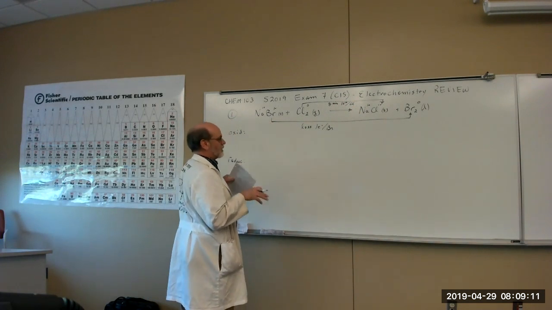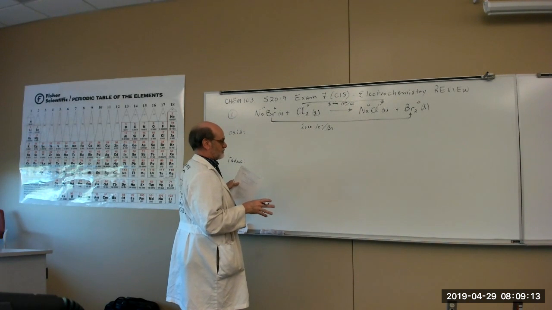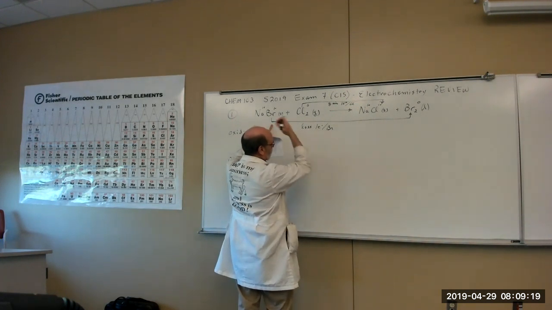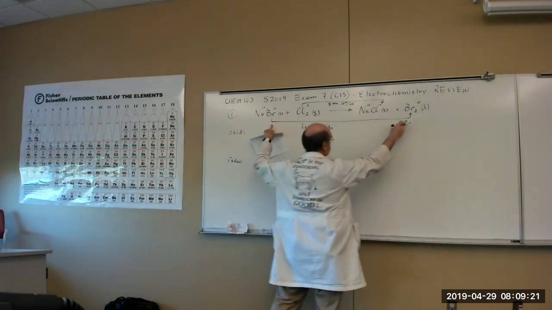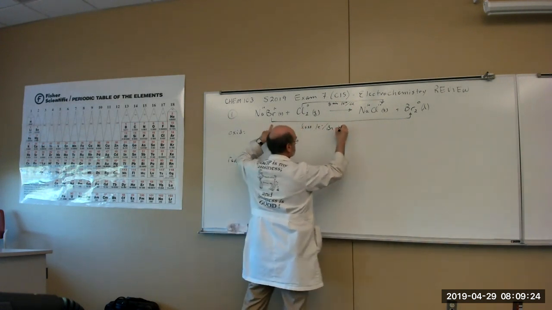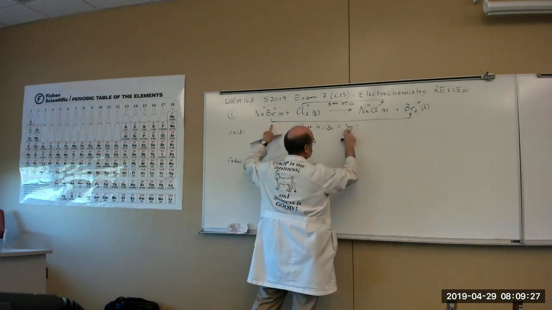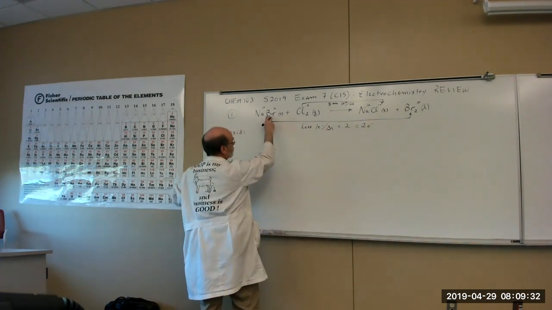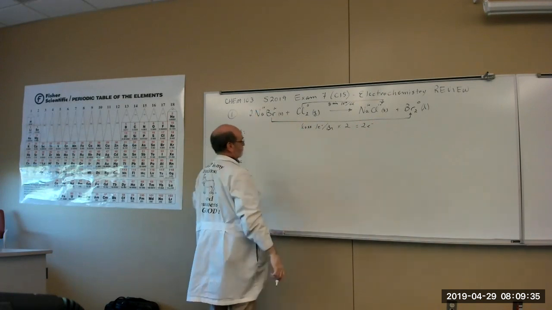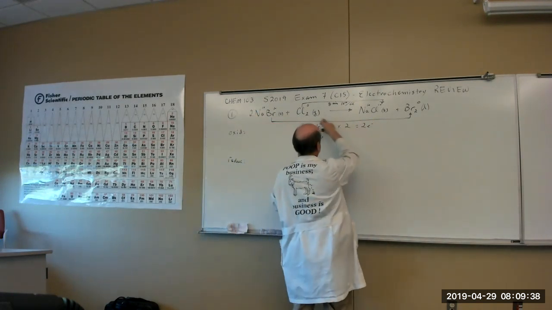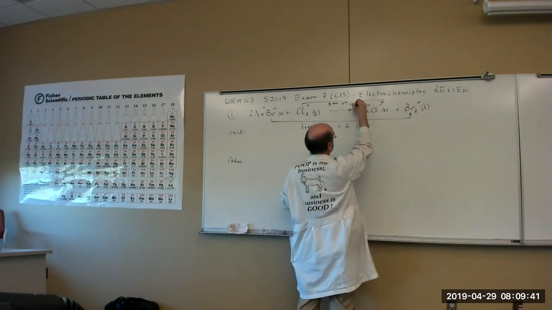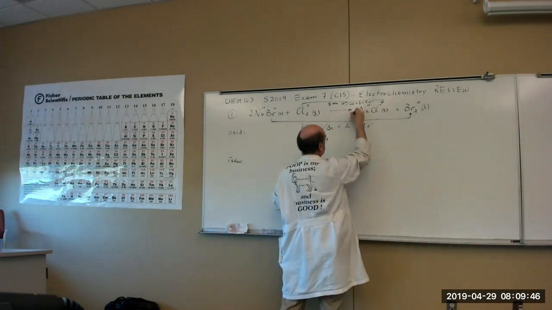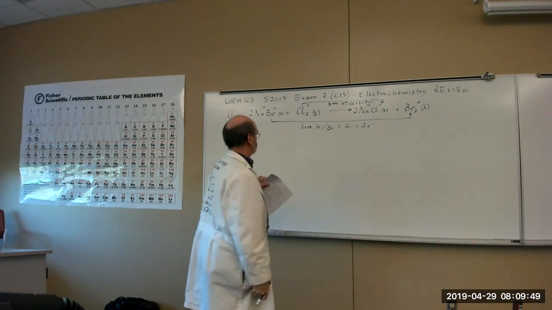Now the question is balancing them. If bromine lost 1 electron, but we've got 2 bromines over here, we have to account for 2 electrons. In order to do that, we need 2 of these. Same thing for chlorine. Chlorine gained 1 electron per chlorine, but there are 2 here, so we need 2 there. Okay?